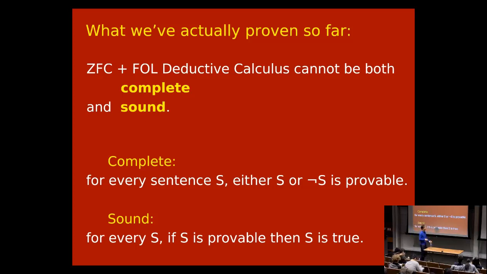Or it cannot be sound. And sound means for every statement S, if you can prove it, then it's actually true. So it doesn't prove any false things. And generally, we strongly believe that ZFC and the deductive calculus are sound, so it pretty much means that ZFC and the deductive calculus are incomplete. There are some true statements that cannot be proven.